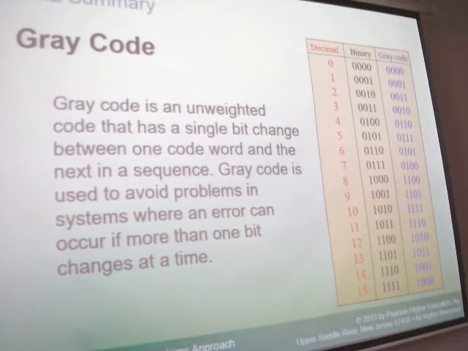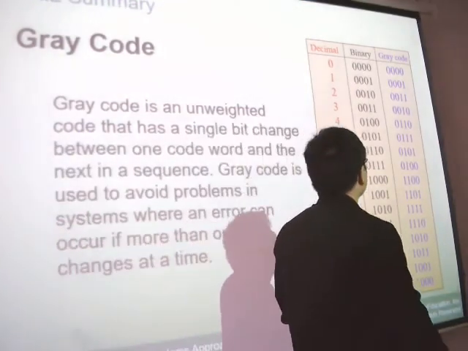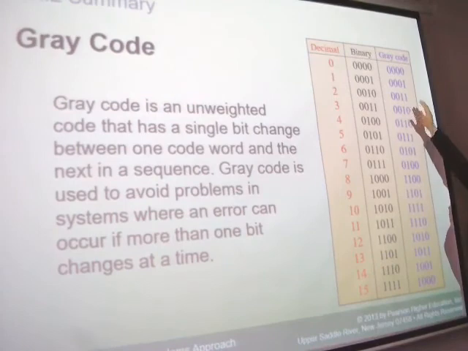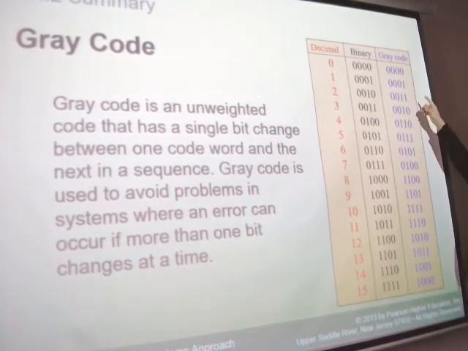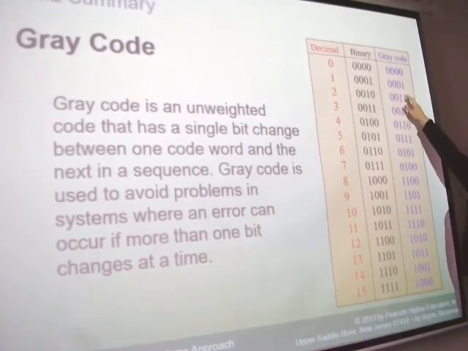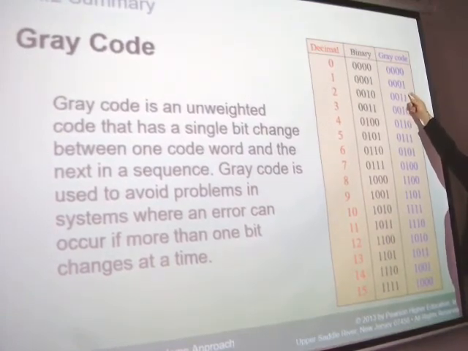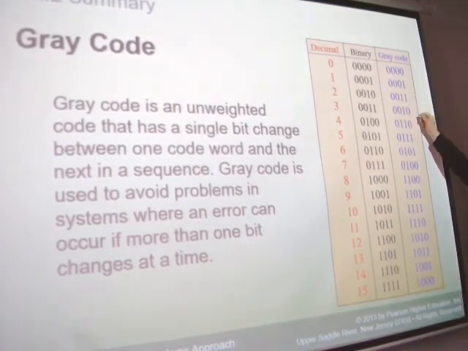So we use this bit pattern. For the nearby two numbers, only one bit is different. For example, the first and the second, only the last bit is different.